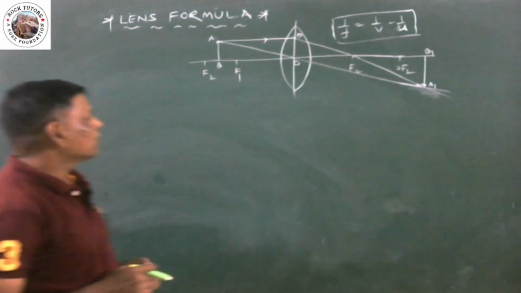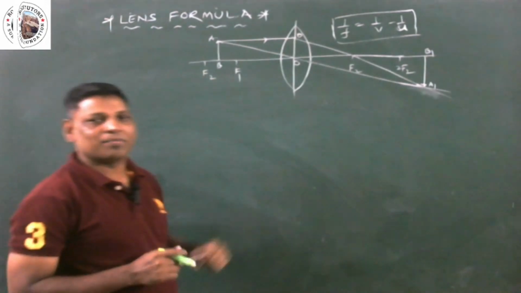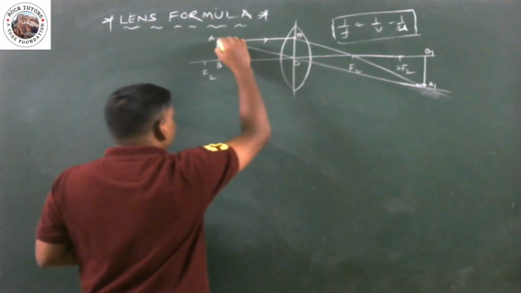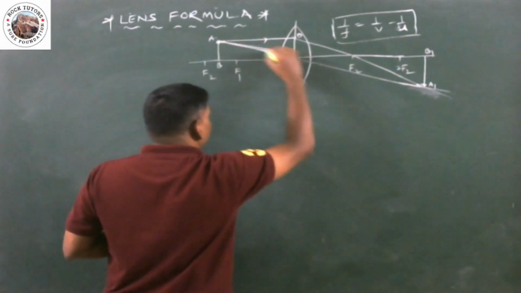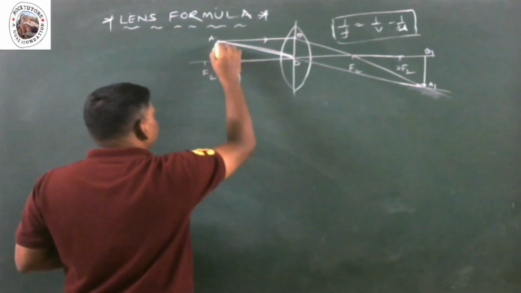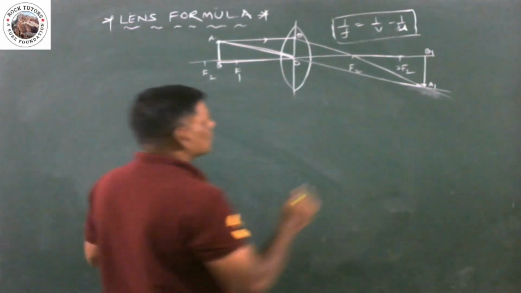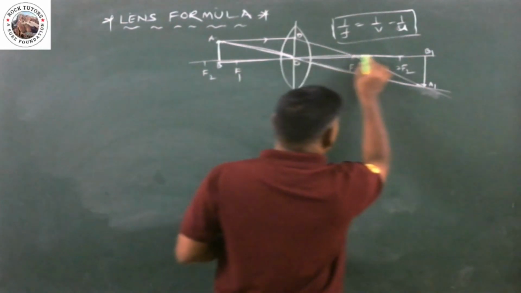Okay. For this, in this diagram I am taking triangle AOB, and also one more triangle A1OB1.